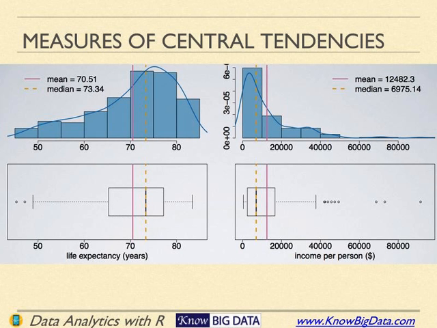Now, the central tendency of this one is median and mean. The mean lies here and the median lies here. These are the same graph. What you can see here is the important part: the median is very close to the peak.